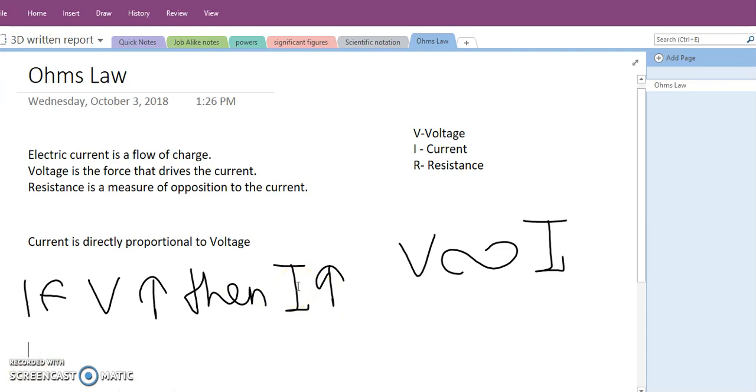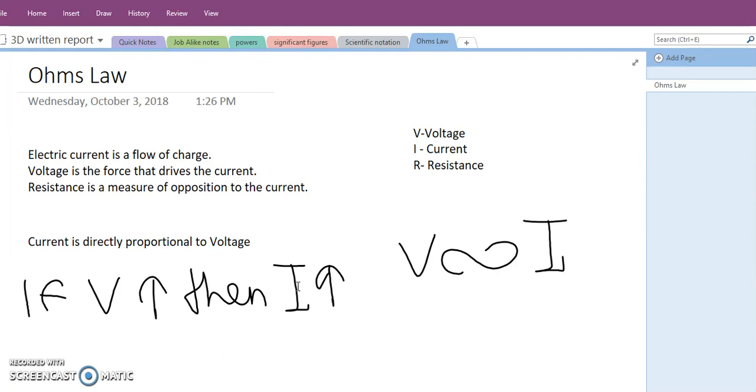So next one. Current is also proportional to resistance, but it's not directly proportional. If you think about it, when you increase your resistance, the current has to slow down. So the relationship is completely opposite of what it is with voltage.